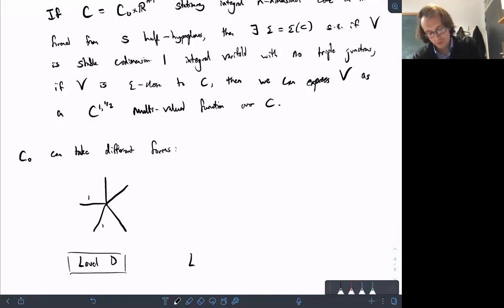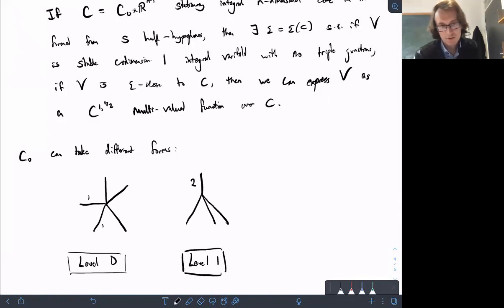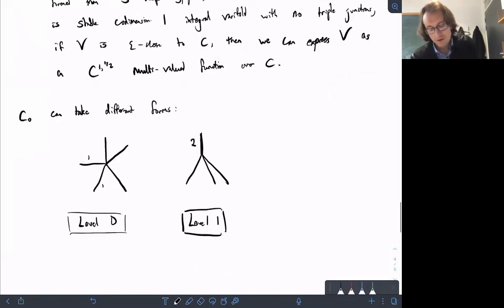The next case, which I call level 1, is when we have 1 multiplicity 2 half line and 3 multiplicity 1 half lines. And the final case, level 2, is when we have 2 multiplicity 2 half lines.